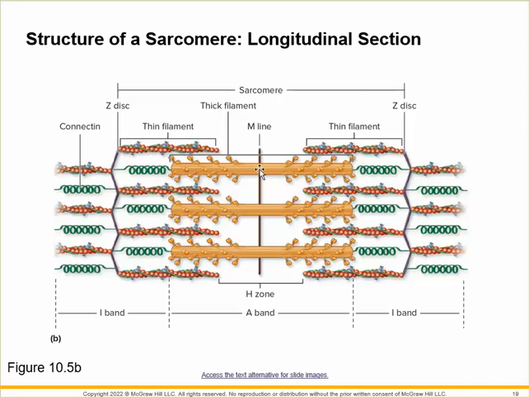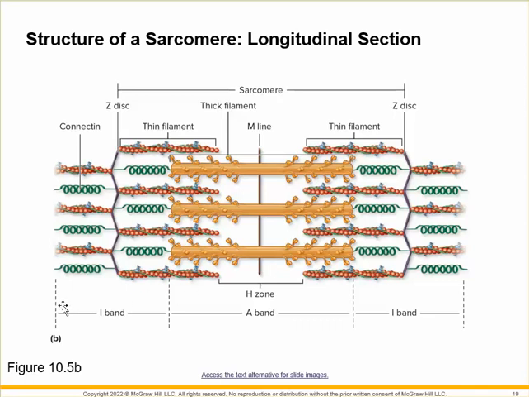And it's really kind of where the thick filament myosin proteins change direction. So we have the entire A band with the H zone in the middle and the M line down the middle of the H zone.